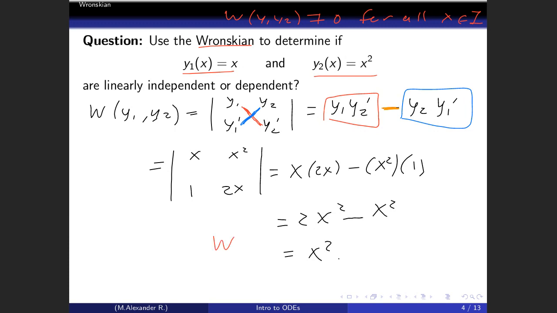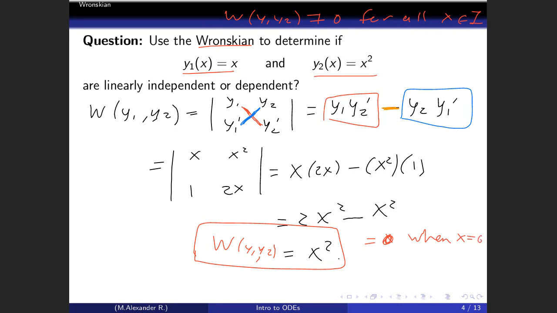We calculated the Wronskian of y1, y2 to be x squared, and we don't want this Wronskian to be 0. So when is this Wronskian equal to 0? It is equal to 0 when x is equal to 0.